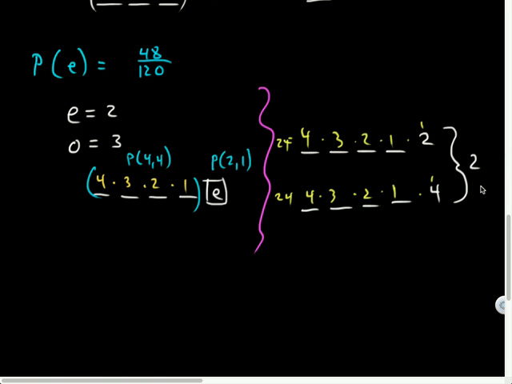And either I could multiply it by 2 because there are 2 cases, or I could add them, using my OR probability logic of it was either ending in a 2 or ending in a 4, so I could add them and still get 48. So I would have still gotten the 48 either way.